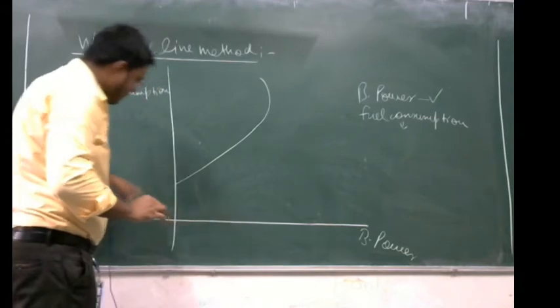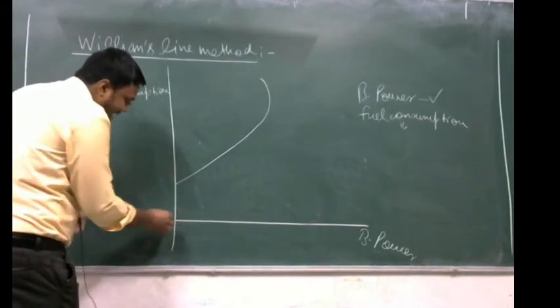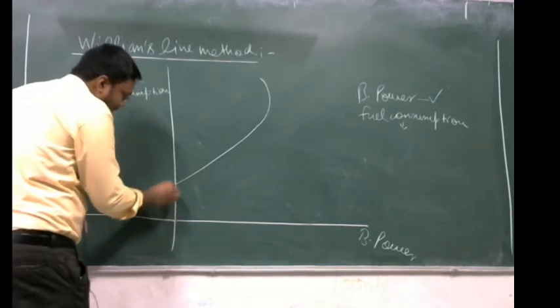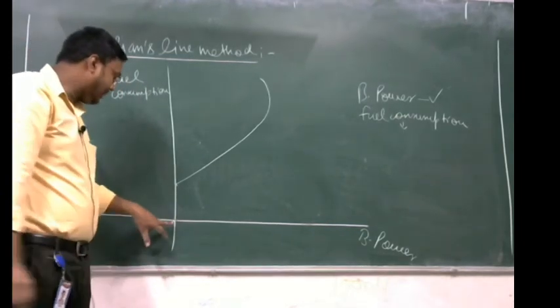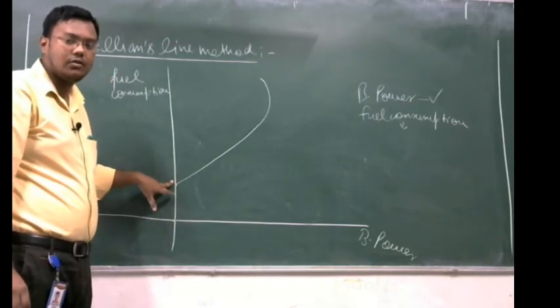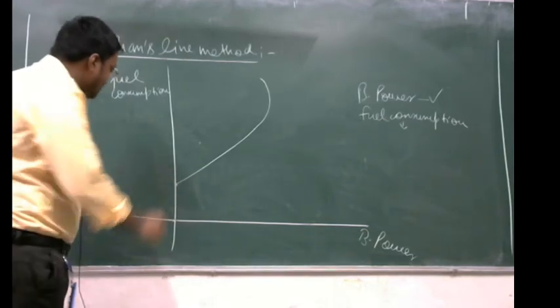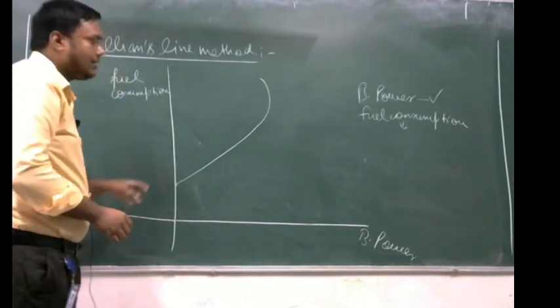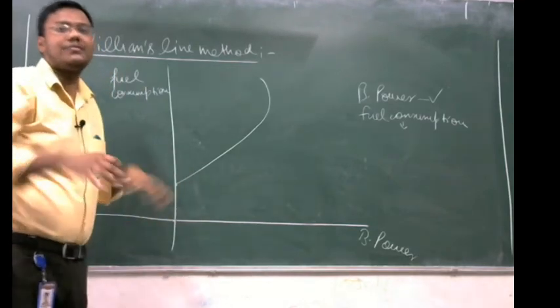Now you can see here that at zero brake power, at the origin, there is still some fuel consumption. We are not getting any power, but still there is fuel consumption. Why is there fuel consumption if we are not getting power? Basically, this much fuel is used to overcome the frictional power.